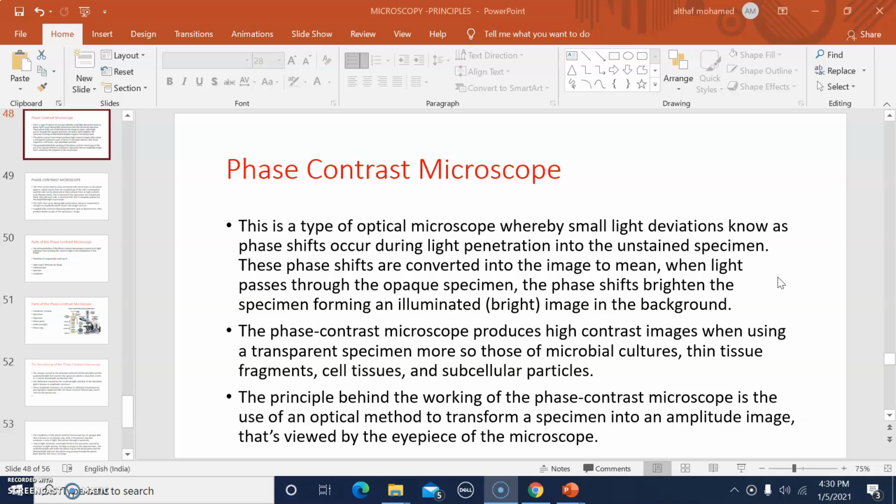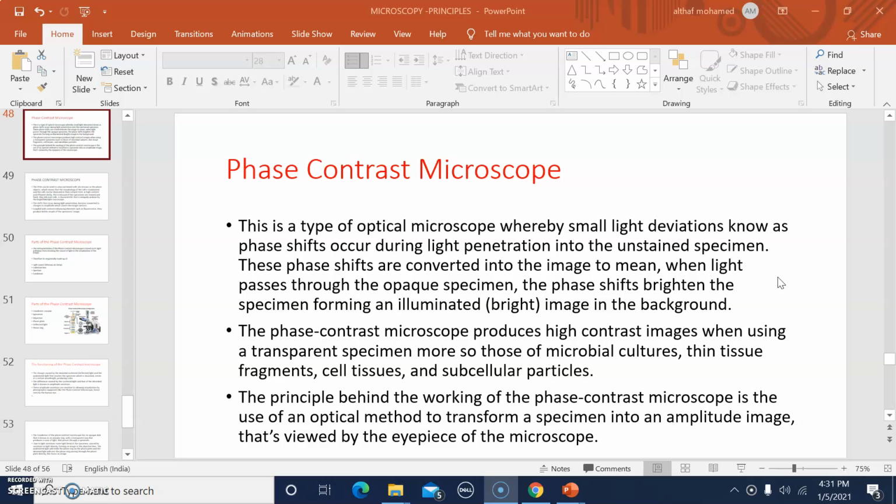Mainly with the phase contrast microscope we can view unstained specimens, and these phase shifts are converted into the image.